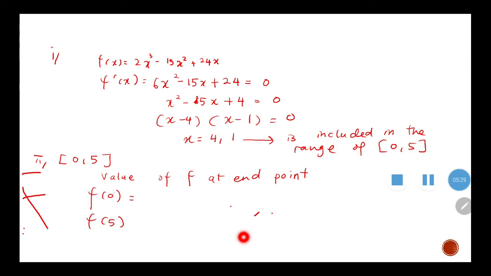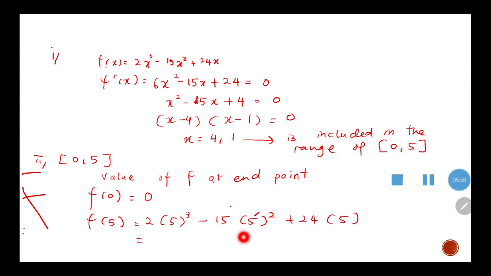So you replace the value of x with 0 here in f(x), right? Not f prime of x, in f(x). So you put 0, you will get 0, and you put in 5, what do you get? 2 times 5 cubed minus 15 times 5 squared plus 24 times 5.